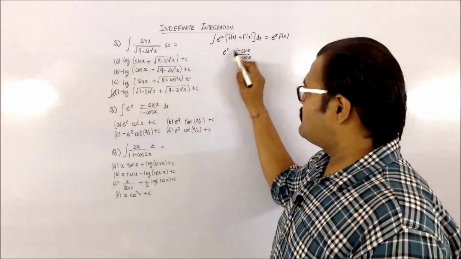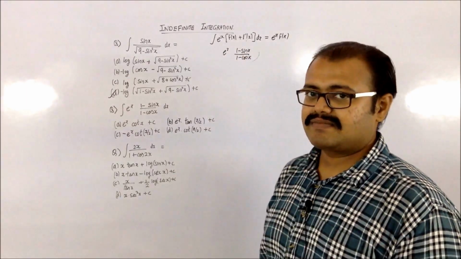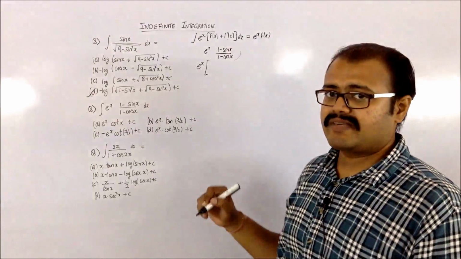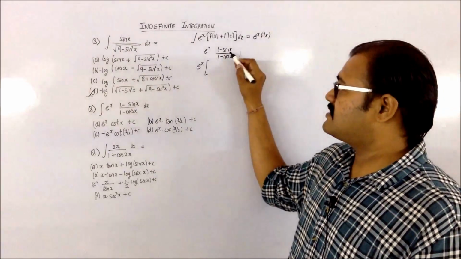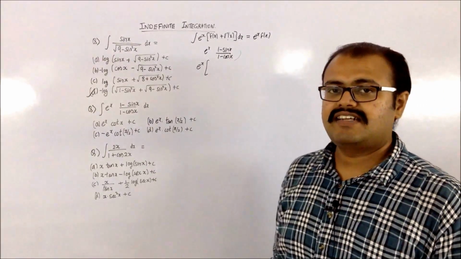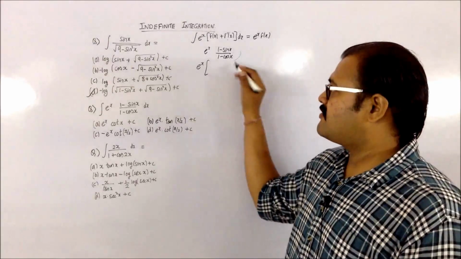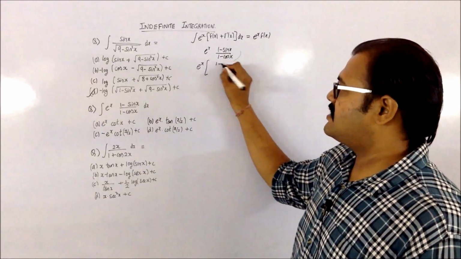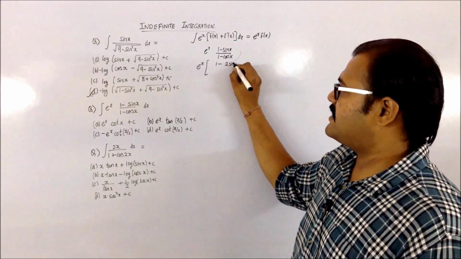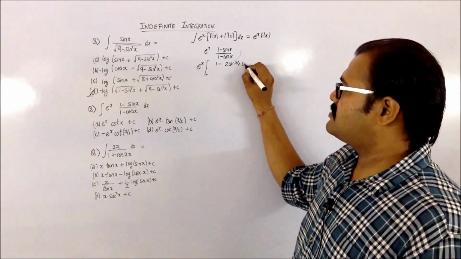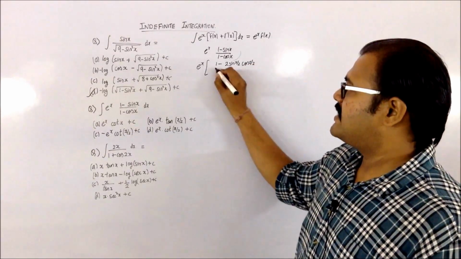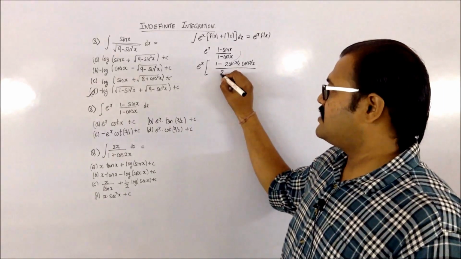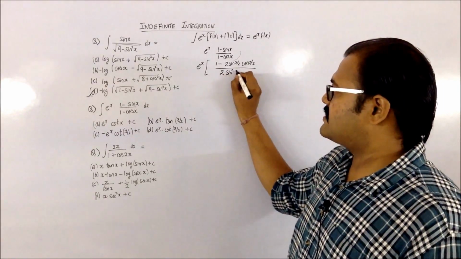To do that, we first of all have to simplify this particular function. To bring this function in this format, you can write your sin x in the half angle formula and your 1 minus cos x also in the half angle formula. So we'll have 1 minus 2 sin x by 2 into cos x by 2, divided by 1 minus cos x, which will be nothing but 2 sin square x by 2.